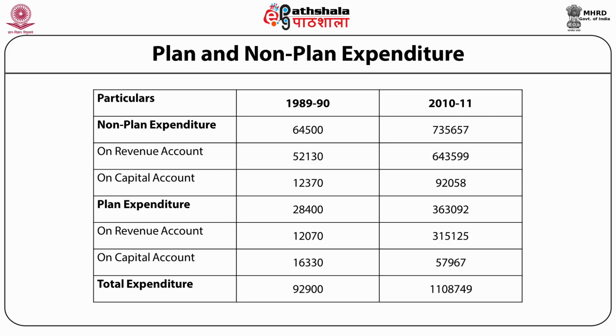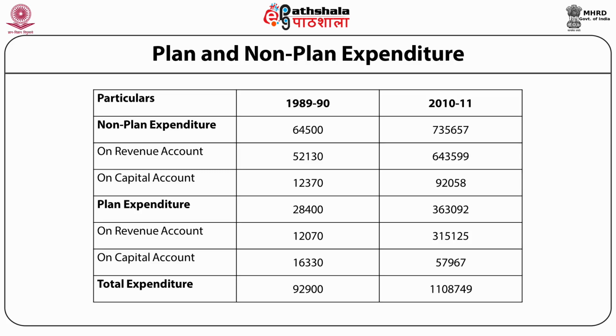On revenue account, this expenditure increased from 52,130 crores in 1989-90 to 6,43,599 crores in 2010-11. When we look at the planned expenditure, the increase has not been that big.